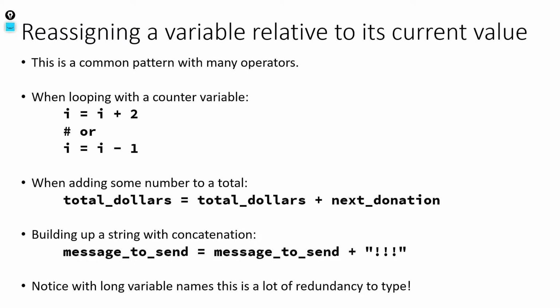And so this becomes kind of tedious to type out. Sure, for these first 2 examples, i is assigned i plus 2, there's not a lot of tedium in writing i a duplicate time. But as your variable names are hopefully expressive of the problem that you're trying to solve, and as we learn some new constructs, it can become pretty tedious and leads to typos, potentially errors, to have to write it out twice.